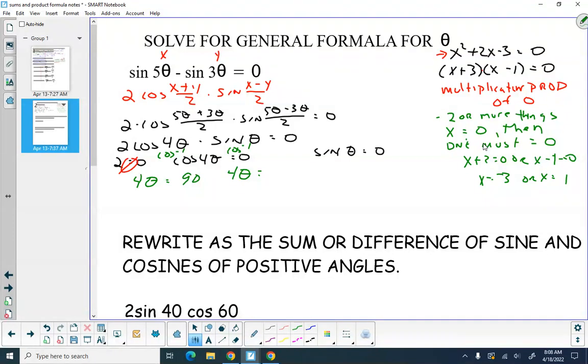But we took the inverse cosine, so we get a second solution. What's our second solution? Inverse cosine gives two solutions. The principal value, and then the opposite, negative 90. So we have 4 theta is equal to negative 90.